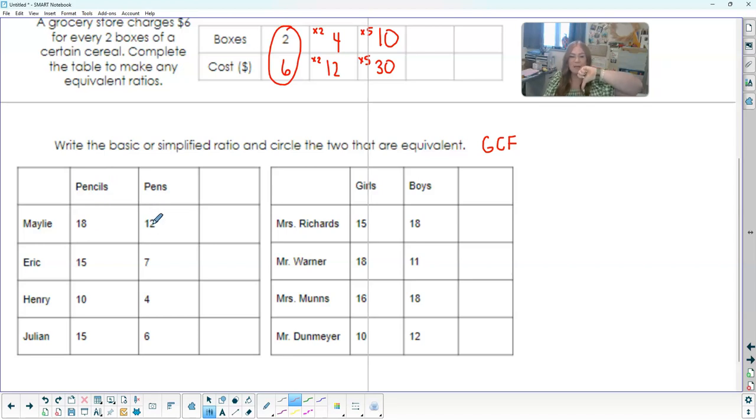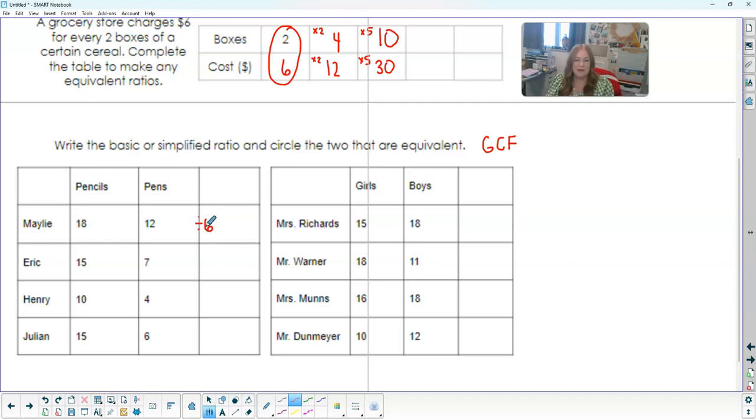So I'm looking for the GCF. Factors are fewer. So 12 cannot go perfectly into 18. 11, no. 10, no. I'm just counting down. 9 does go into 18, but it doesn't go into 12. So we've got 8, no. 7, no. 6, yes. These can both be divided by 6.